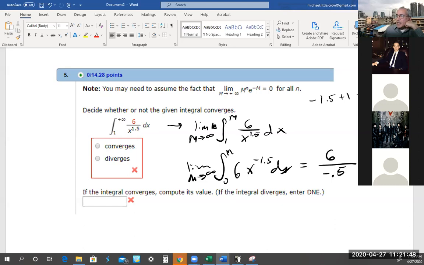And this becomes x to the negative 0.5. Plus a constant, but instead of the constant, actually it's not 0, it's going from 1 to some m value.